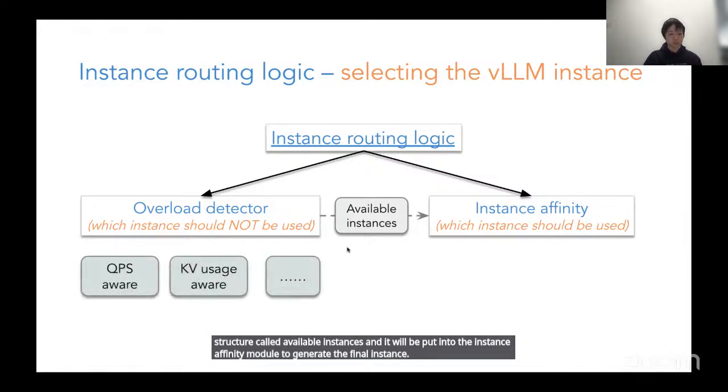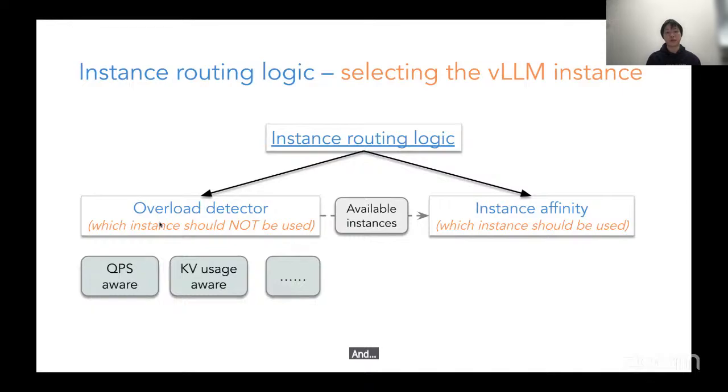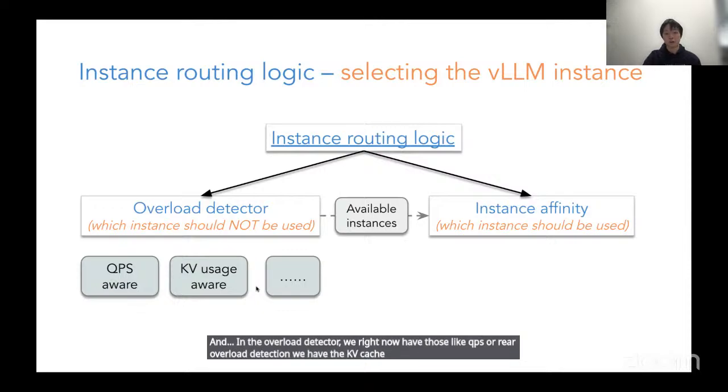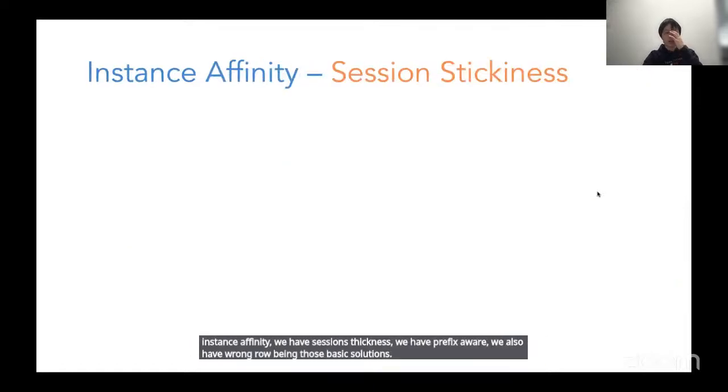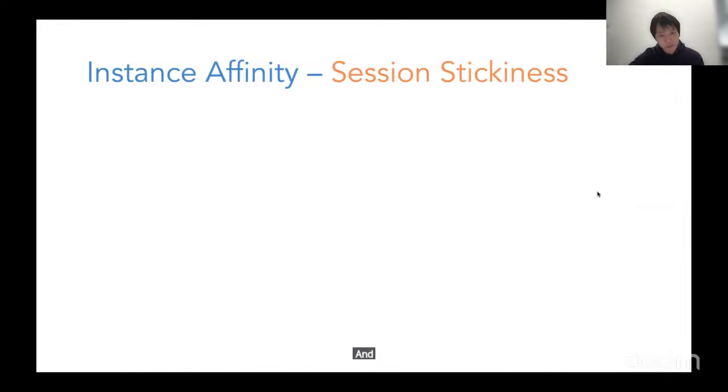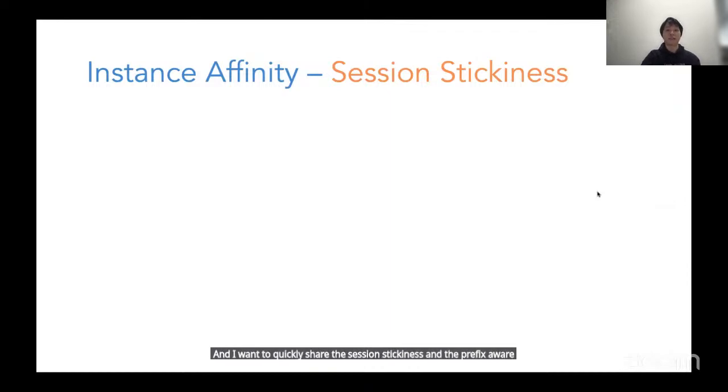In the overload detector, we right now have QPS-aware overload detection. We have KV cache usage-aware overload detection. And for the instance affinity, we have session stickiness, we have prefix-aware, and we also have round robin, those basic solutions. And I want to quickly share the session stickiness and the prefix-aware logic in the router.